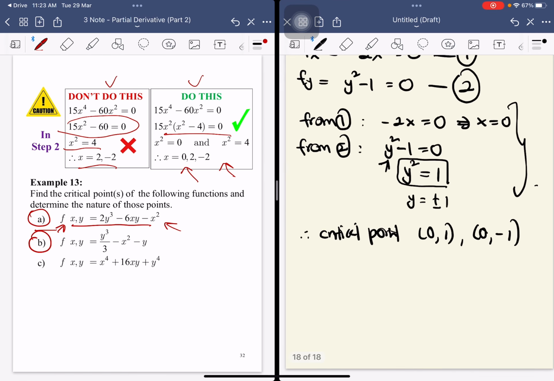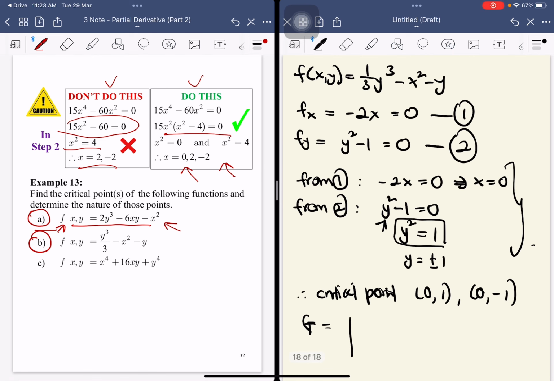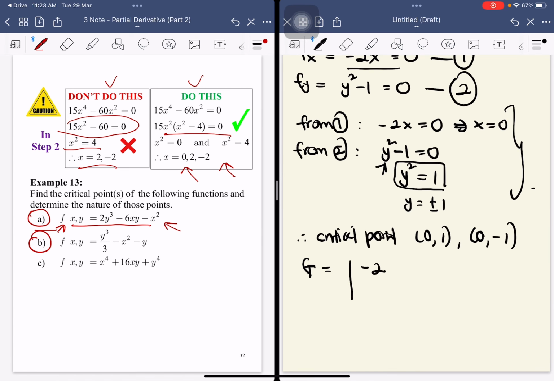The next one, we're going to figure out the formula for g. We know that we need fxx over here. If you differentiate this one one more time, you're going to get negative 2.